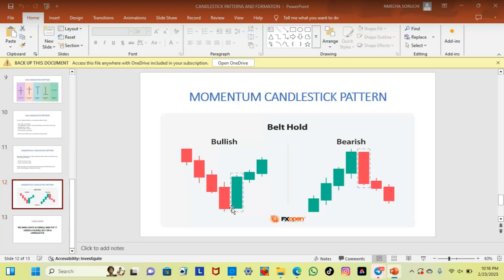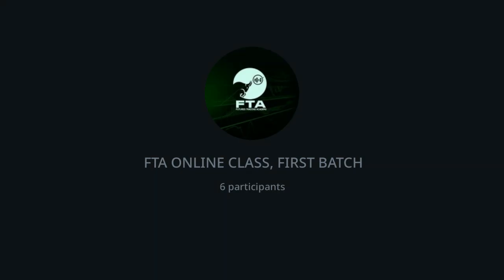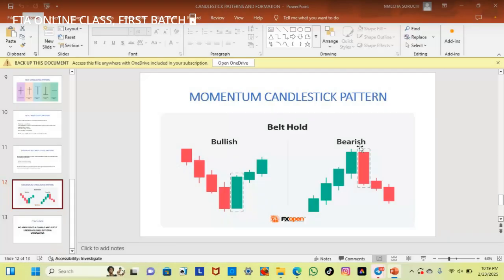This is not a perfect example, we'll look at the chart very soon, but this second one should be 2 times larger than this first one. So that's how to identify a bullish engulfing candle. The bullish candle should be 2 times larger than the bearish candle, while for a bearish engulfing candle, the bearish candle should be 2 times larger than the bullish candle.